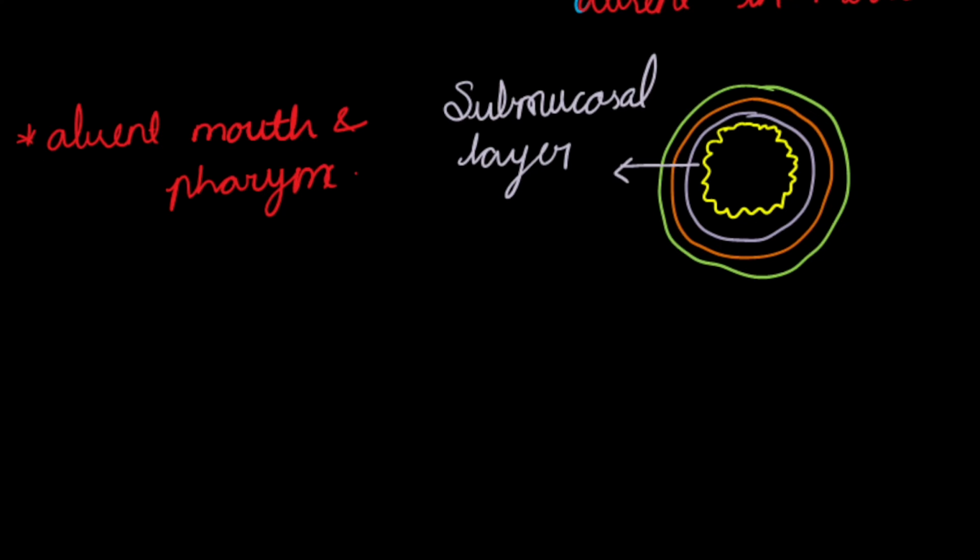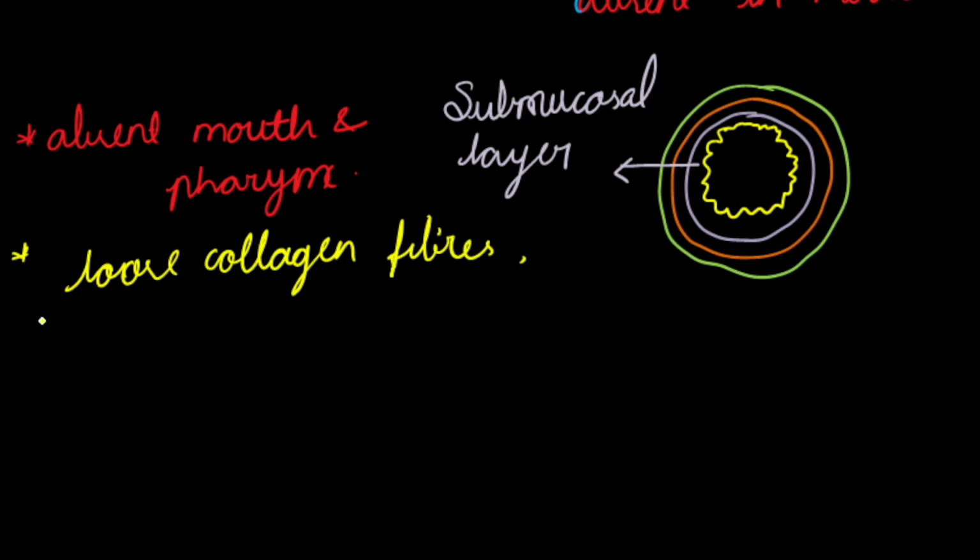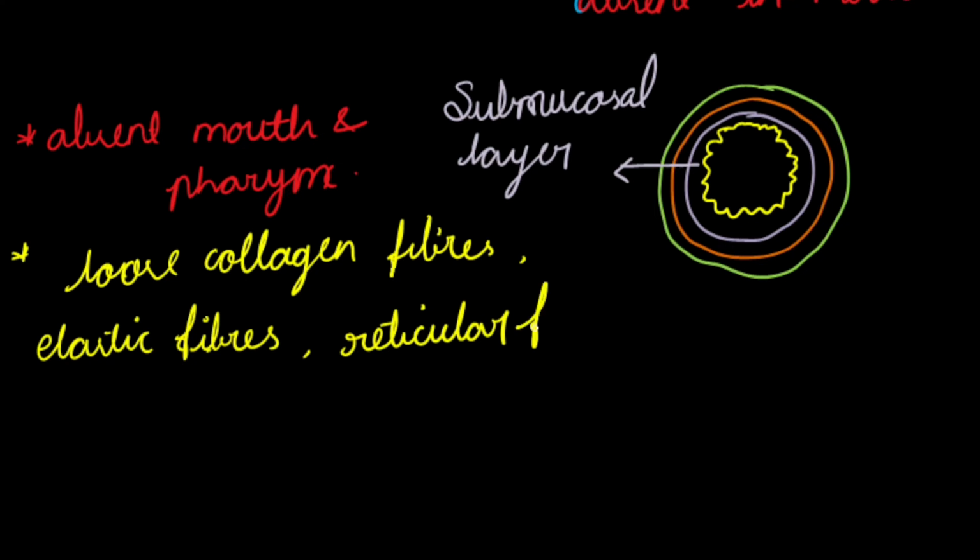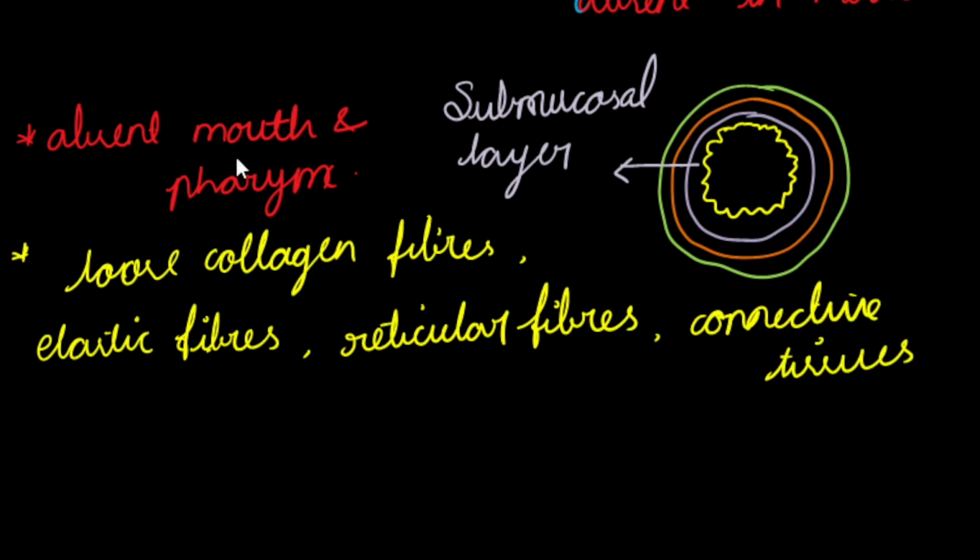And adding to that, it contains loose collagen fibers, elastic fibers, reticular fibers and connective tissues. In this membrane, we will be having blood vessels, lymphatics.